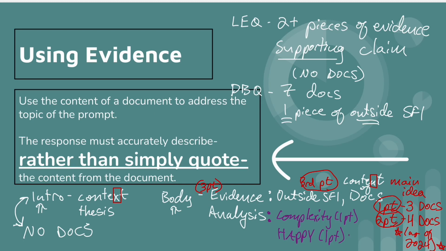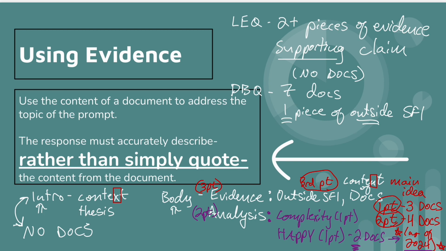And how many documents do you need to source to get 1 point? How many out of the 7? Okay, good. 3 documents. So that's 2 more points. So you have 7 out of the 8.